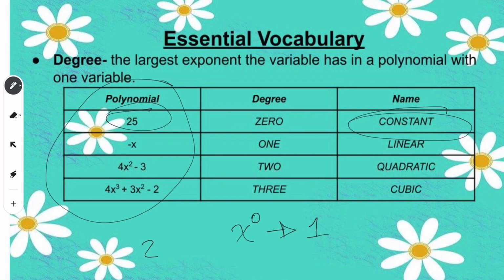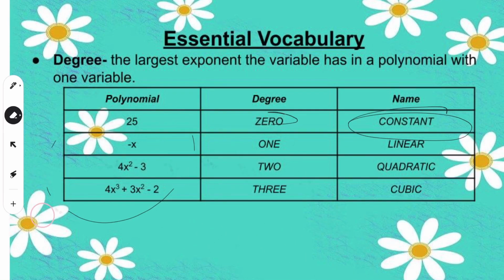So 25 is the same thing as 25 times x to the power of 0. Therefore, it has a degree of 0 because your highest exponent is 0. So again, constants have a degree of 0.